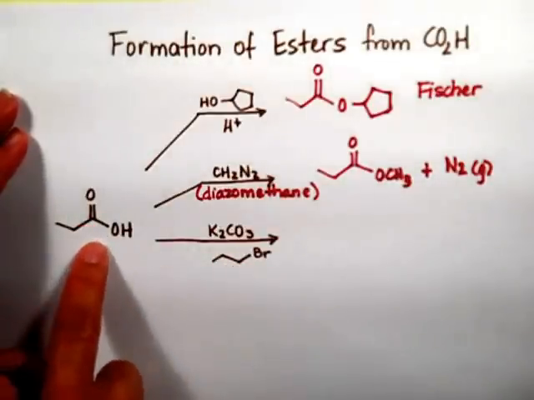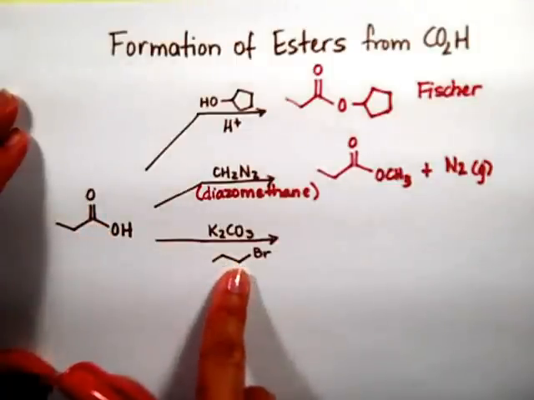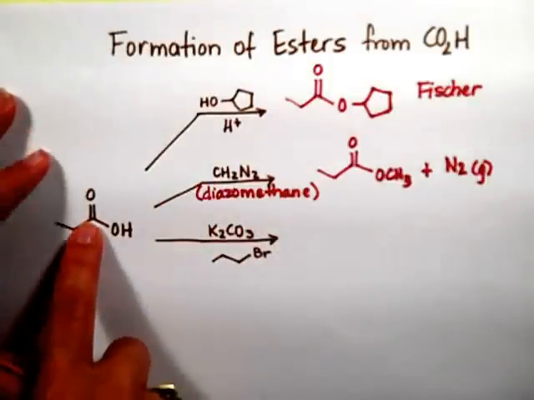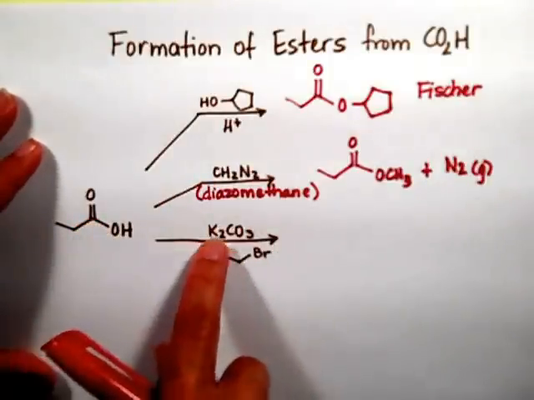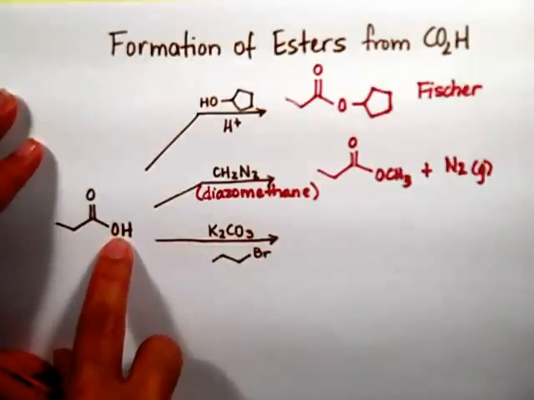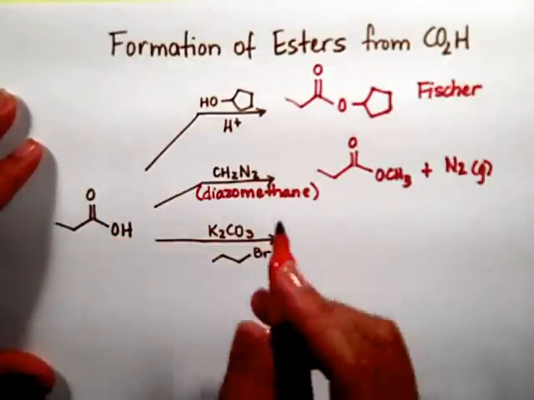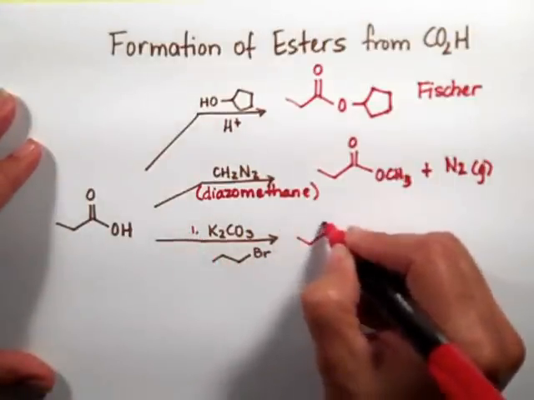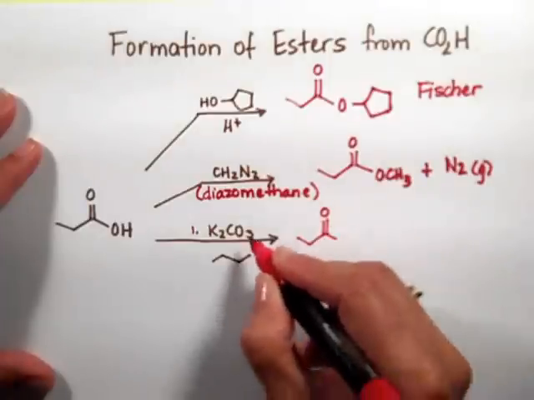This one right here, this is an SN2 reaction. The diazomethane was an SN2 reaction as well after the acid base. This right here with the carbonate, we're going to deprotonate the carboxylic acid. So I'm going to do it in steps, okay? So first, we deprotonate the carboxylic acid with the base.